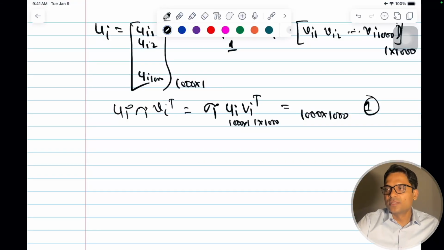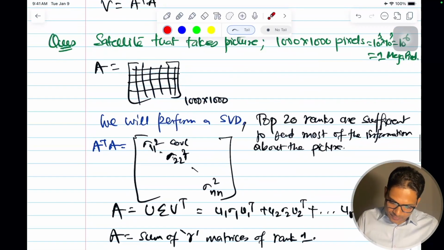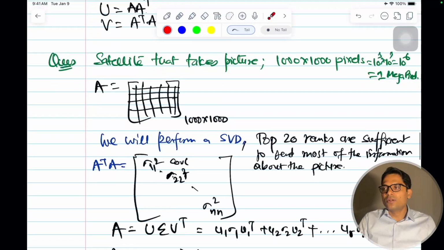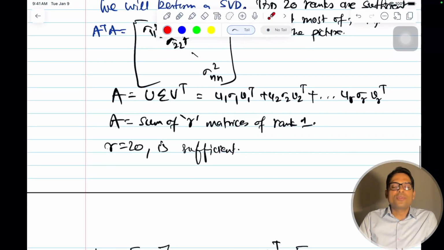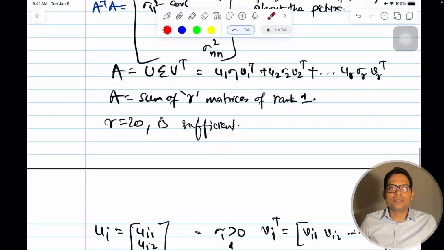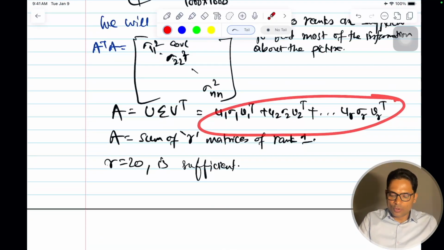So let's move. How much information is going here? Now, instead of sending the complete 1 megapixel information, what if we send only the top 20 singular values, which have the highest variance and capture the most information, to do the calculation at the receiving end, instead of sending all 1000 ranks?